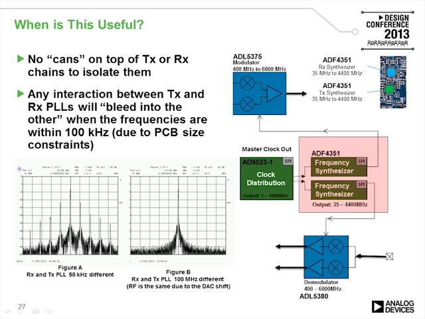So our two LOs were very close together on the PCB. What we found was that the two LOs would interact with each other because the loop filters were basically too close on the PCB, which caused all kinds of spurs when the LO and TX PLLs were within 100 kilohertz of each other.